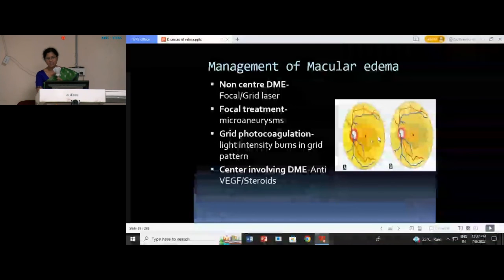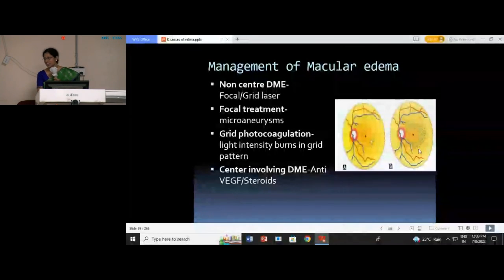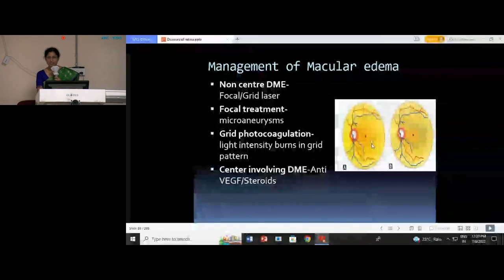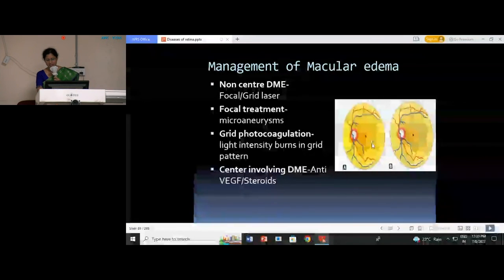If it is non-center involving edema, we need to look for whether it is a focal leak or a diffuse leak. If it is a focal leak, we do focal photocoagulation, that means we directly treat the microaneurysm which is responsible for the leak. Are you able to see here that the microaneurysm is treated?